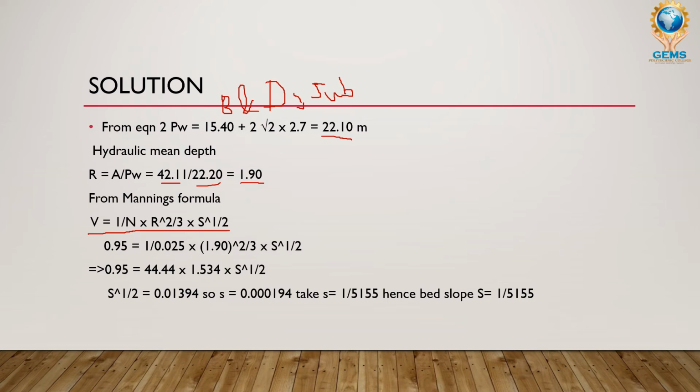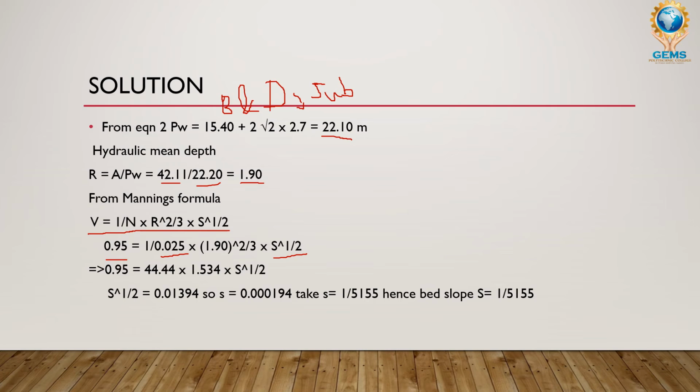Then you are going to substitute the velocity value, that you know 0.95, and 1 by n you know 0.025, and the R value which is the hydraulic mean depth 1.90, that is whole power of 2 by 3 into S power 1 by 2. You don't know the S value here, the bed slope value. You keep it on the right side, and you bring all the values you know to the left side.